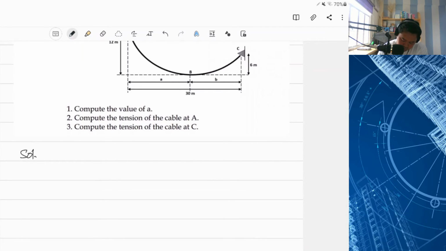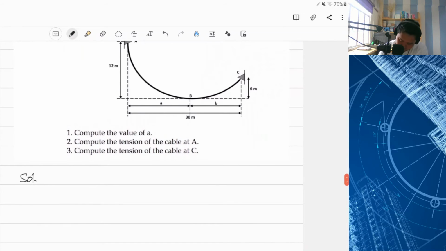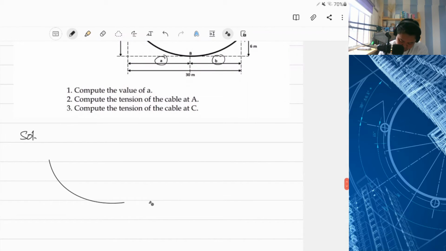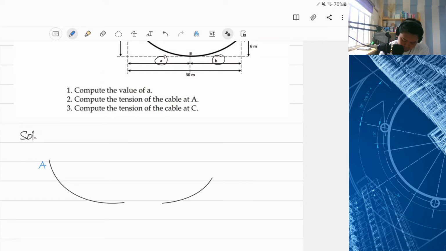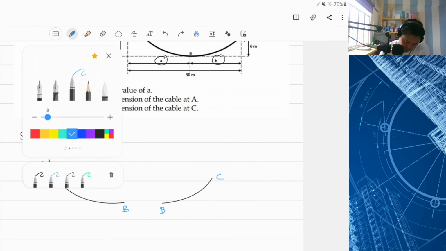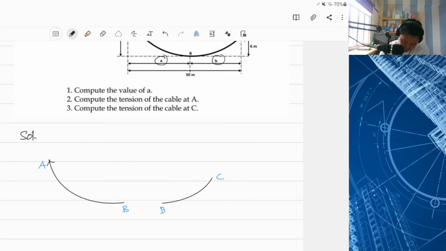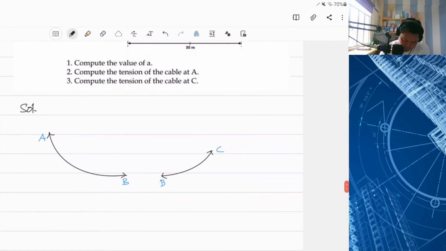Okay, so I will draw the segment, this portion A here and this portion B. Okay, so let's solve.